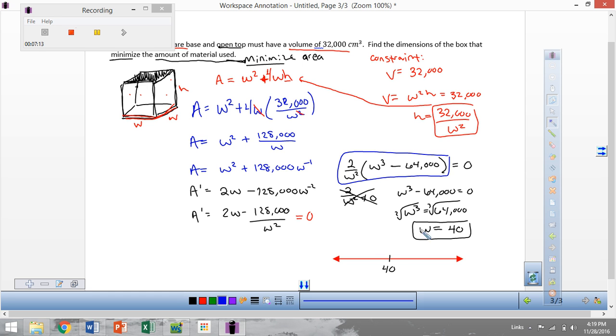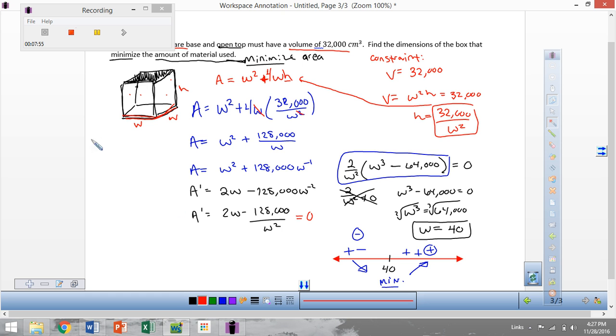So obviously W, the width of this box, cannot be 0 or less than 0, so I'm going to plug in 1. 2 over 1 squared is positive, and 1 cubed minus 64,000 is definitely negative, so I get a negative, which means I'm decreasing. Pick something bigger than 40, like 41. 2 divided by 41 squared, that's still positive. And 41 cubed is bigger than 64,000, so when I subtract 64,000 from it, I still get a positive number, which means this is positive, which means we are increasing, making this a minimum for W.